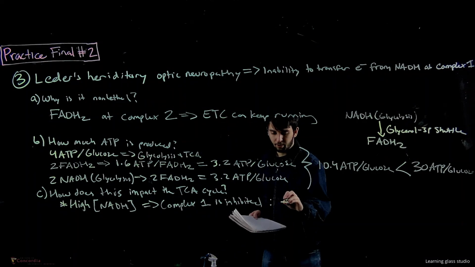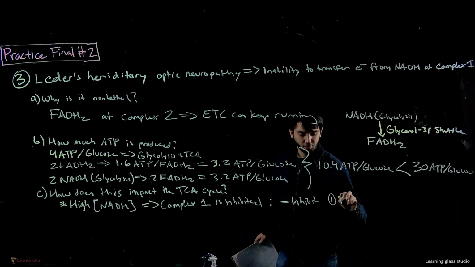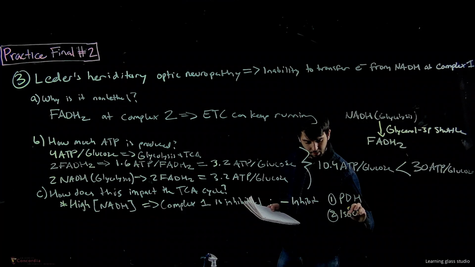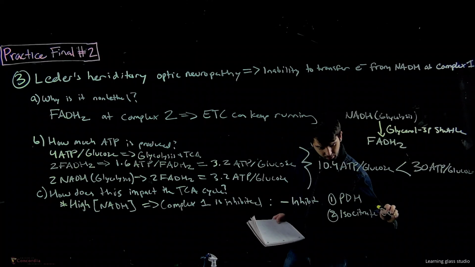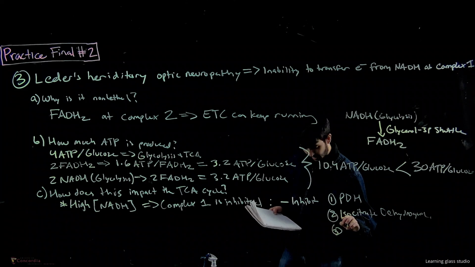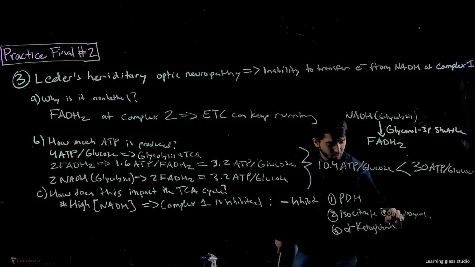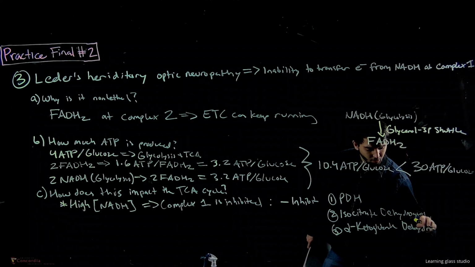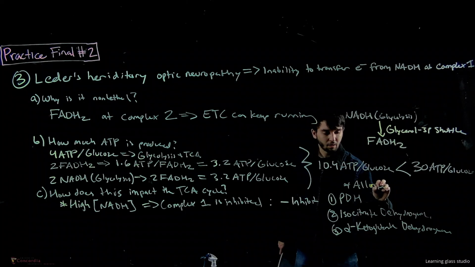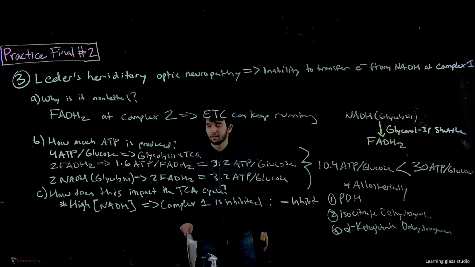Remember, this will inhibit PDH, pyruvate dehydrogenase. It will inhibit isocitrate dehydrogenase and alpha-ketoglutarate dehydrogenase. And this will all happen allosterically, so allosteric inhibition of these enzymes.